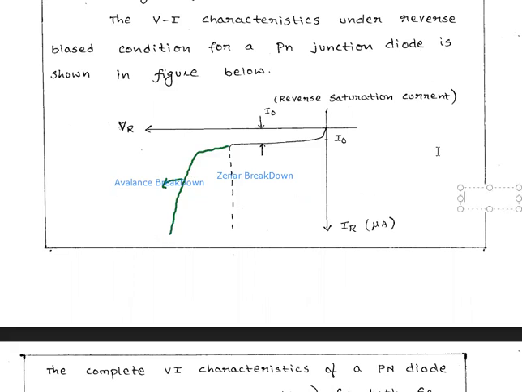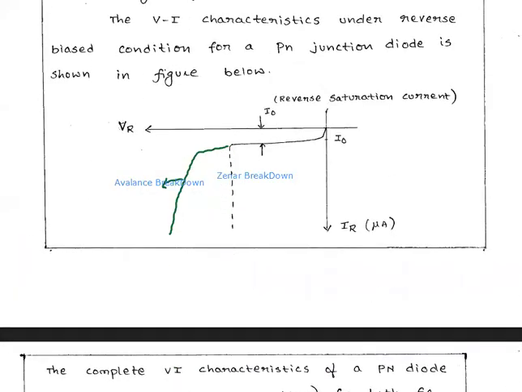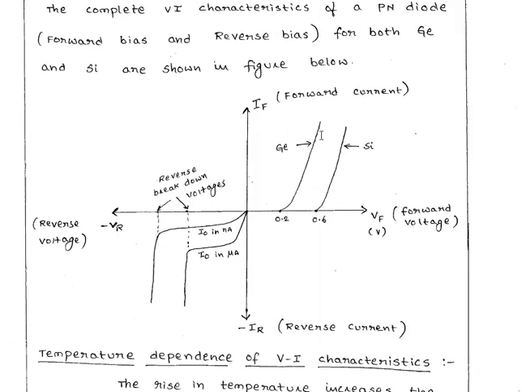If we see the overall VI characteristics in forward bias as well as reverse bias, it will be like this for germanium as well as silicon. This is a reverse breakdown of these diodes.